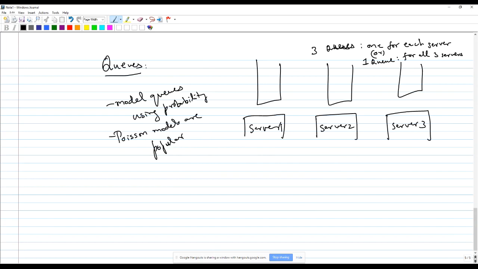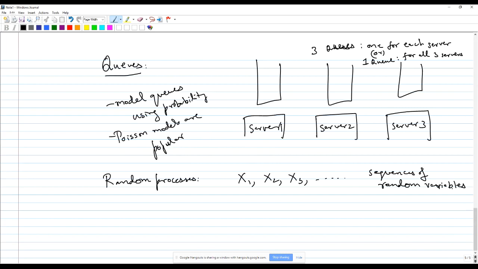Then there is a question from Abhishek about what are binary random processes. That's another subject that we will not do in this course. We will not be talking about random processes in this course. But basically, you can think of random processes roughly as sequences of random variables.